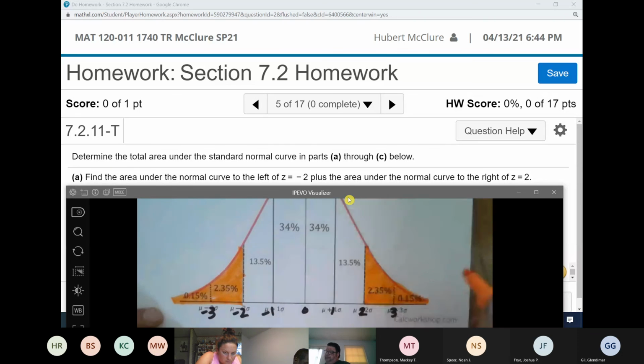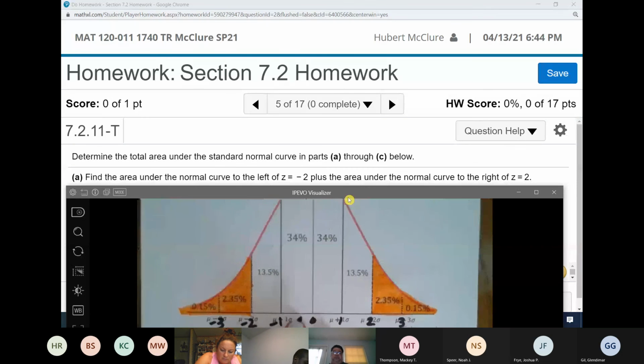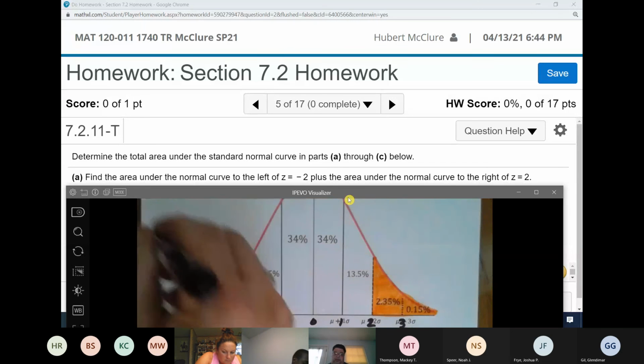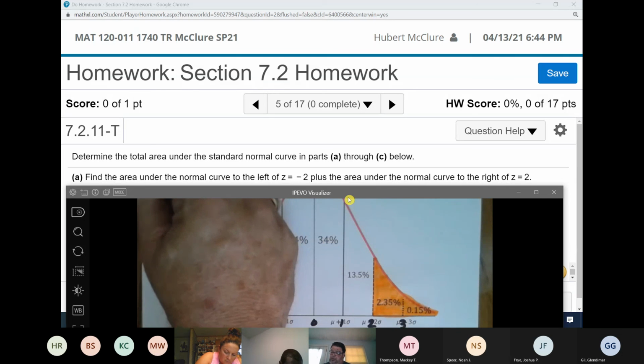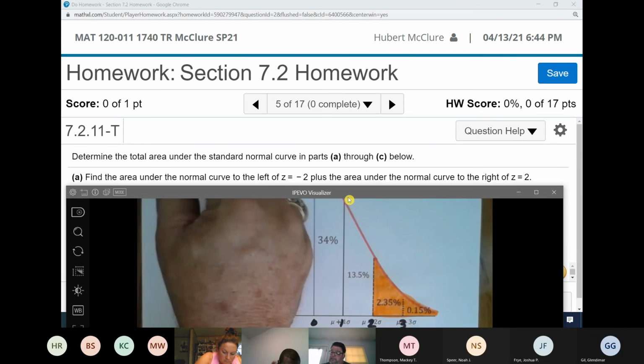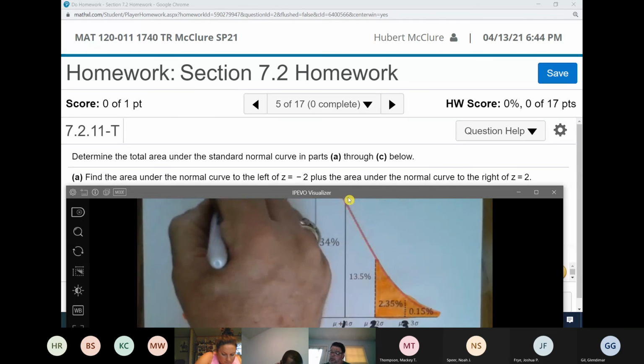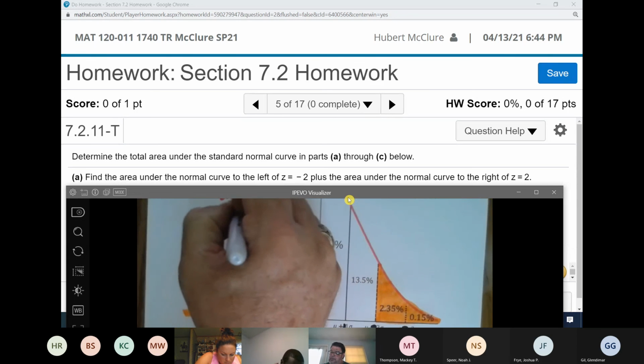Somebody tell me what 2.5 and 2.5 is. $5. So we know that the percentage here is 5%. So I'm going by the empirical rule. Take your calculator and add all 4 of those up. You're going to get, by the empirical rule, 5%, or 0.0500.